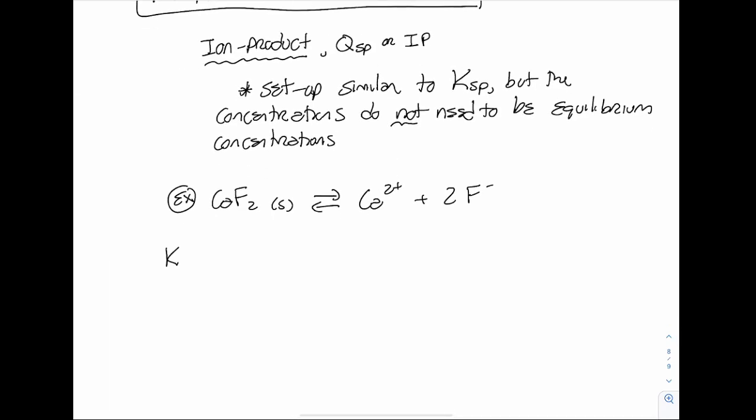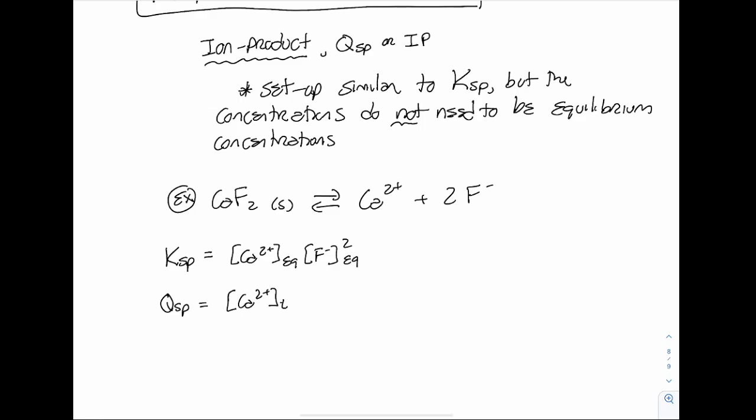And if we were to set those equal to a Ksp, it's going to be the concentration of calcium at equilibrium multiplied by my concentration of fluoride ions raised to the second power, also at equilibrium. If I use Qsp, very, very similar. It's just that these don't have to be at equilibrium.